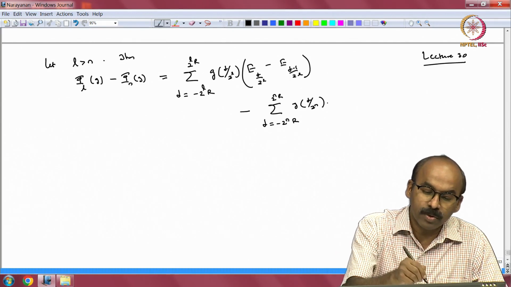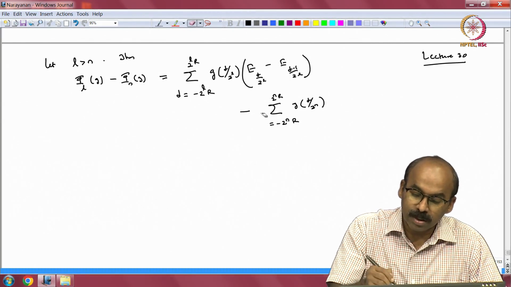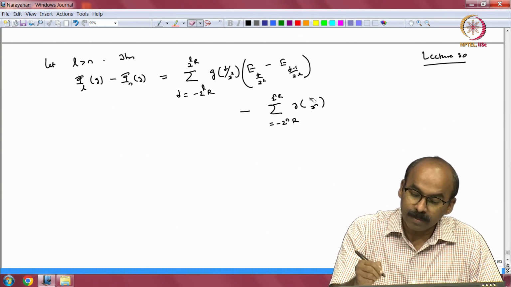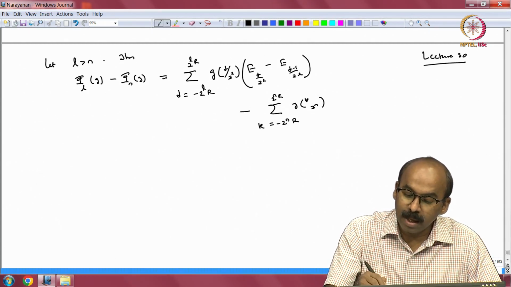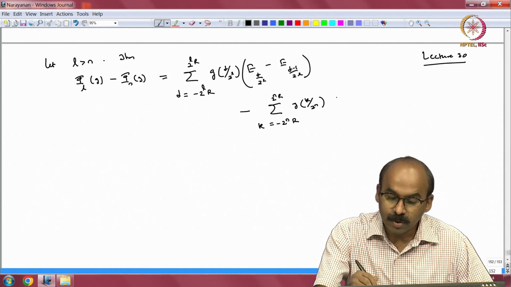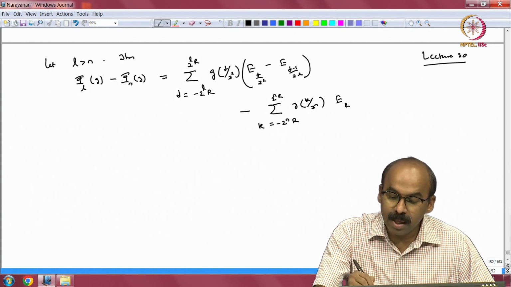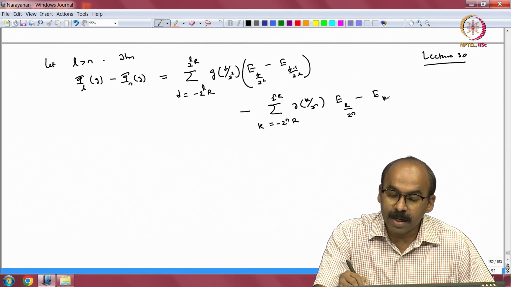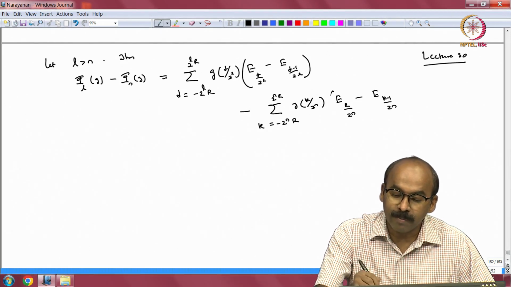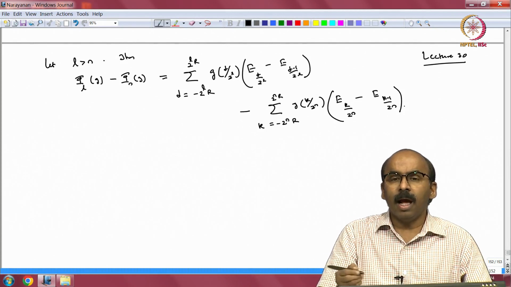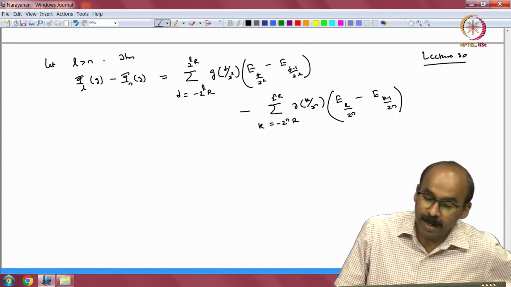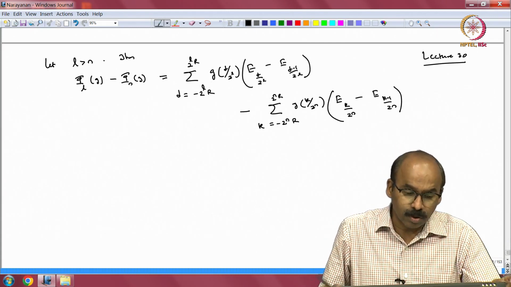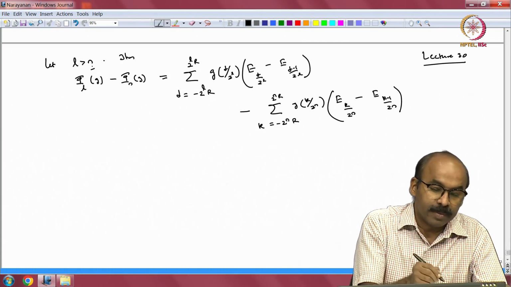Okay. So, maybe I should use k, so that there is no confusion here. So, I will put a k here and k by 2 to the n. Okay. So, here it is E of k by 2 to the n minus E of k minus 1 by 2 to the n. I have just written the expression, I have not made any simplification. Okay. So, notice that L is greater than n.